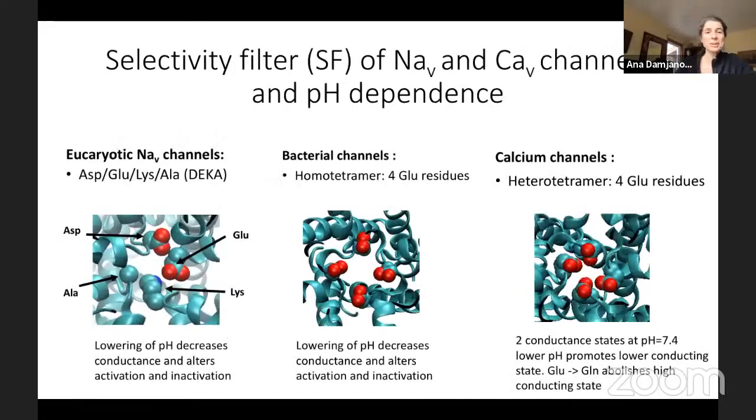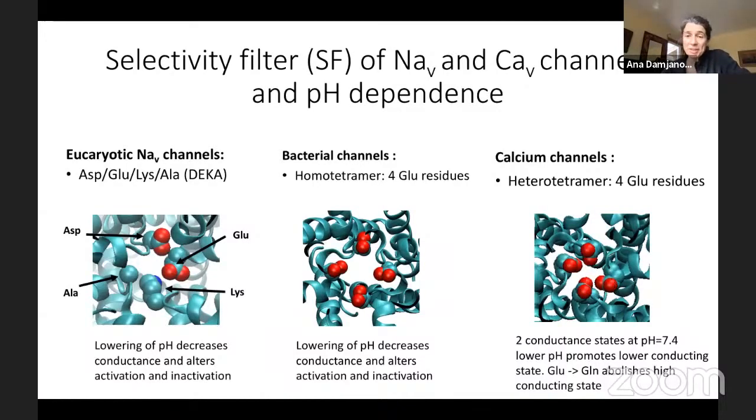So to go back to our sodium channels and the selectivity filter. So this is the eukaryotic sodium channel selectivity, and the bacterial, I already showed them. So actually for both of them, lowering of pH results in decreased conductance and alters activation and inactivation. Then there are calcium channels that actually have selectivity filters similar to the bacterial channels. So it has the 4 glu residues.